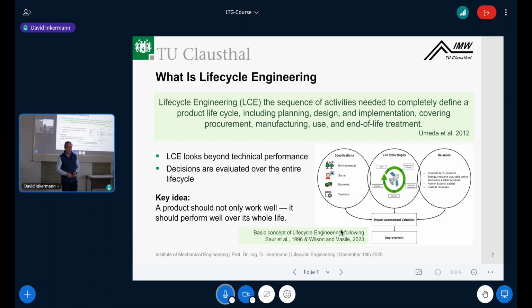So the product should not only work well in the use phase, but it should also be performant during the whole life cycle, which can mean that there's less environmental impact, but it can also mean that we have a good maintenance, for instance, or easy to conduct maintenance. Just as the overall understanding of life cycle engineering.